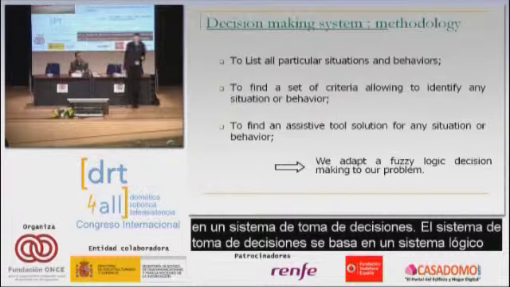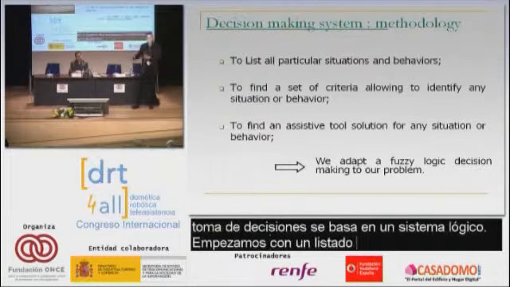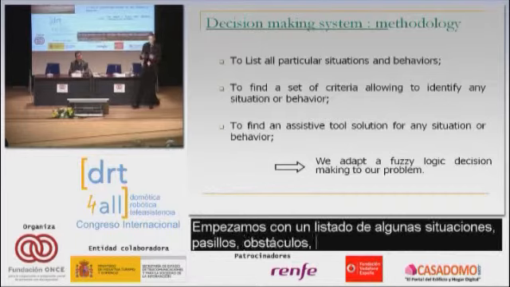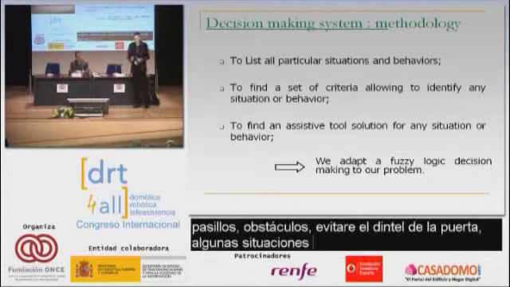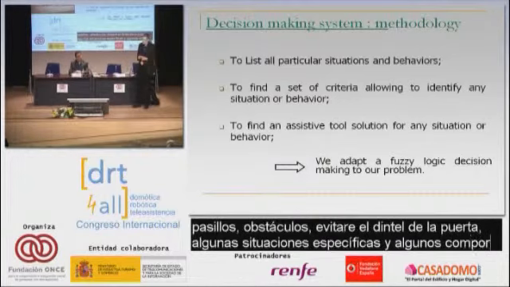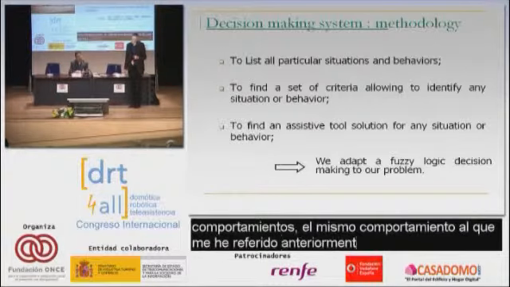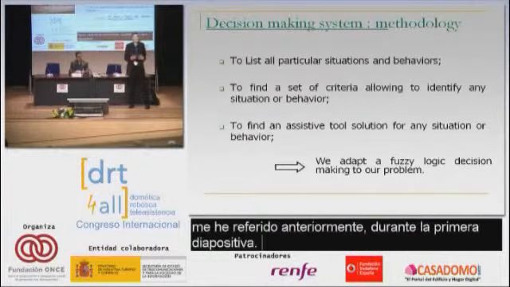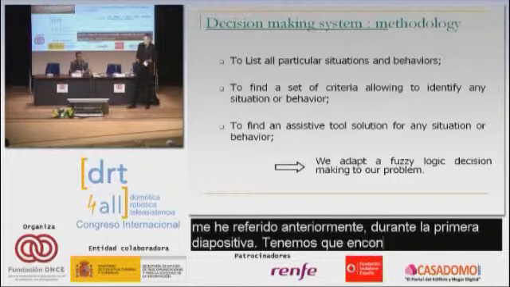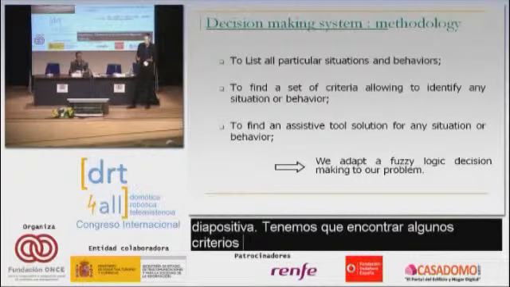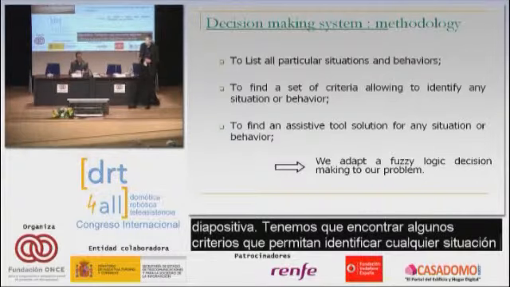We start with a list of some situations, corridors, obstacles to avoid, a doorway crossing, some particular situations, and some behaviors. The same behaviors I spoke about in the first slide. And we must find some criteria that allow us to identify any situation or behavior to apply.